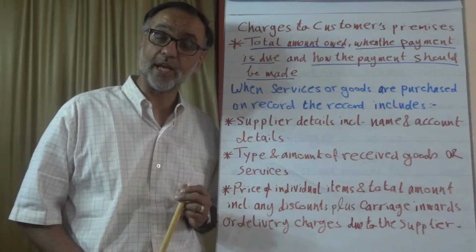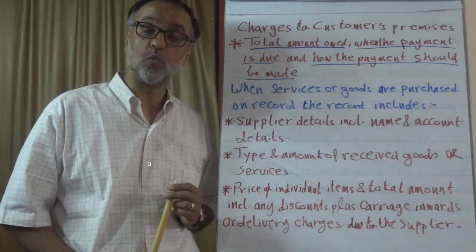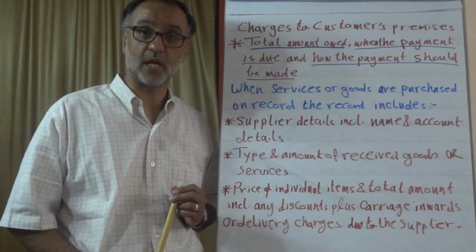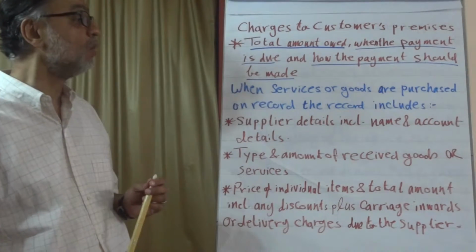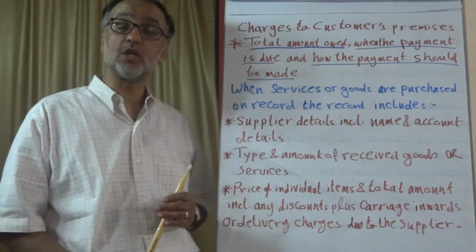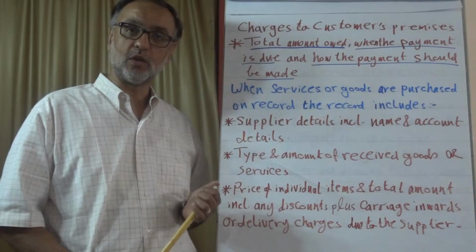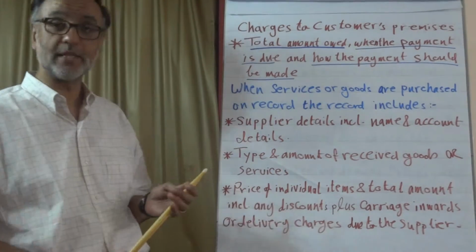Last thing that we have to have is the payment terms, when payment is due and how it's going to be paid, and if there is any cash discounts. When service and goods are purchased, we need to have certain information to be included in our record, similar to the sales.